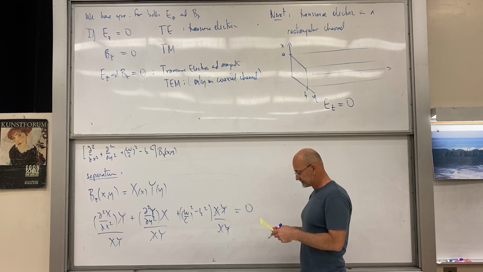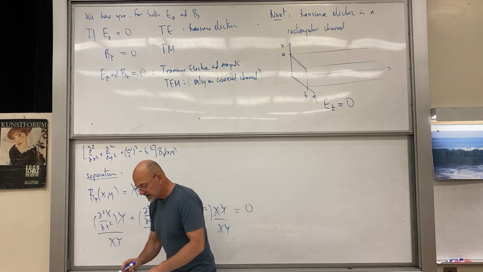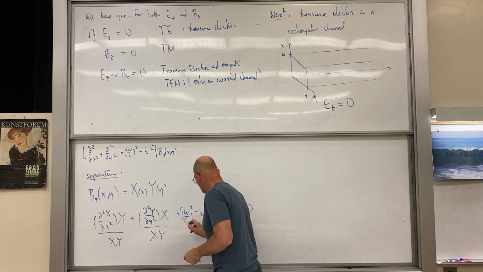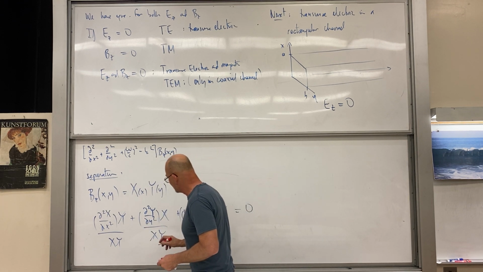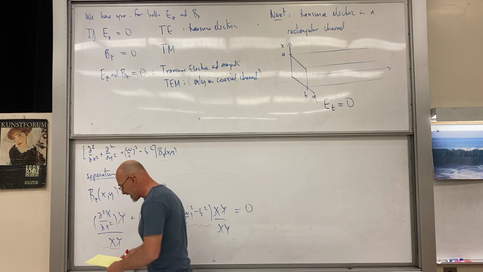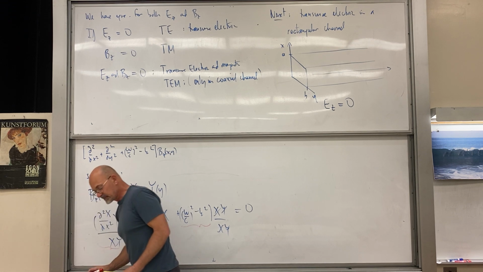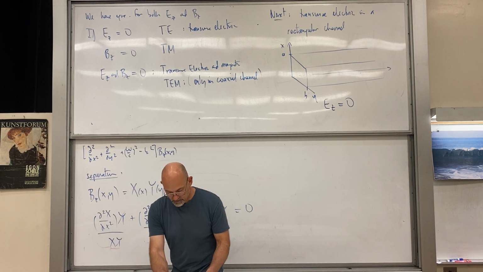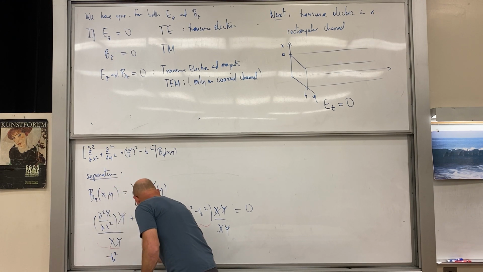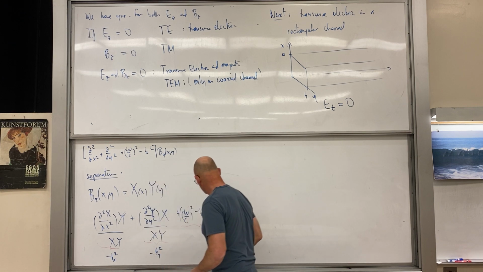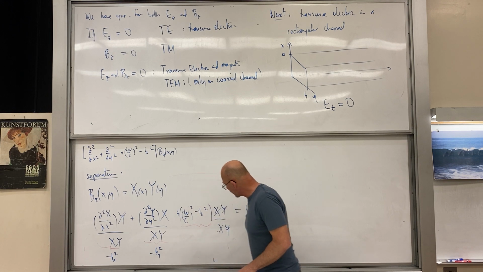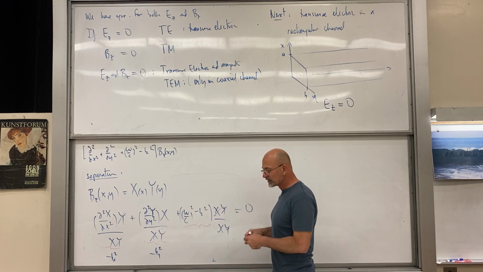Okay. So this one I'll do in a different color. This one we have minus k_x squared, and these two we have minus k_x squared minus k_y squared, plus this here is equal to 0.